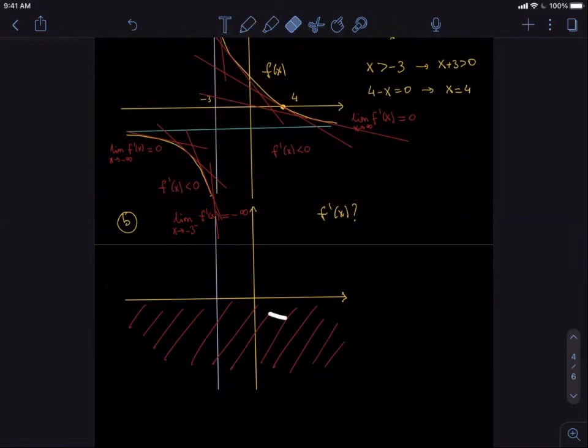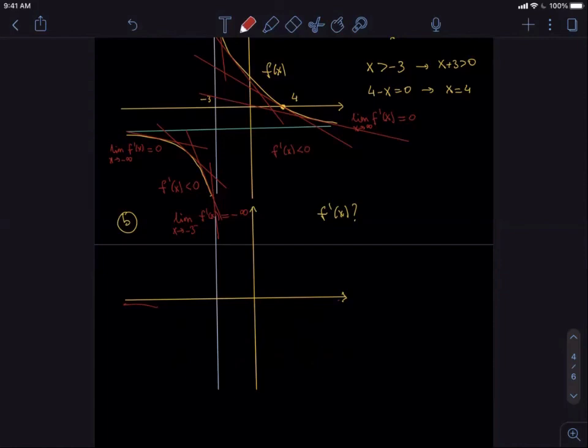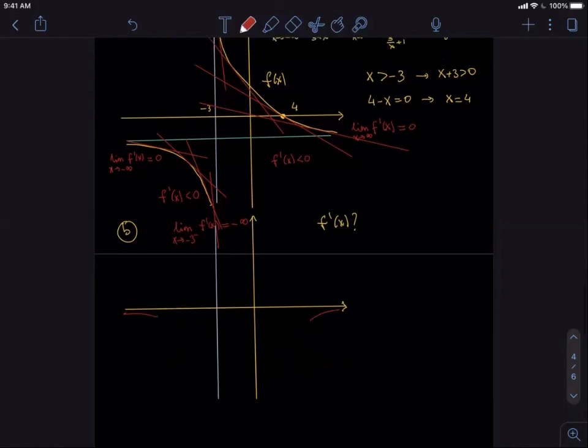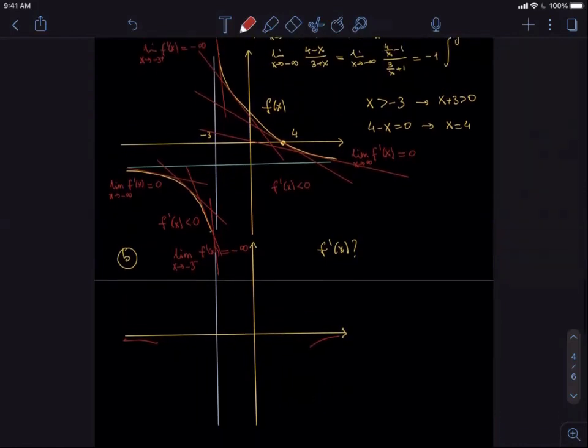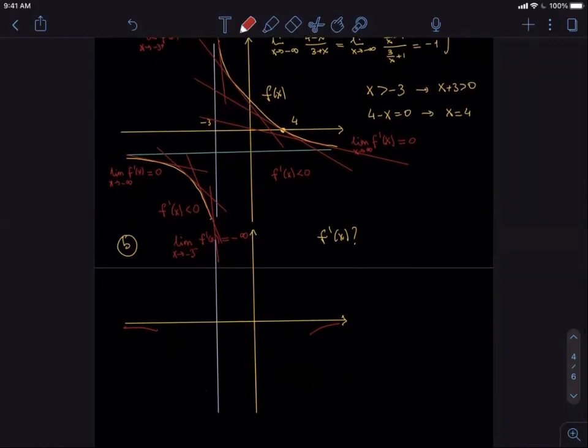And we have a function that needs to approach 0 asymptotically. Okay, so we have the horizontal asymptote. And then I also found that it has a vertical asymptote at negative 3. And it's negative infinity from both sides. And that's all the information we need.